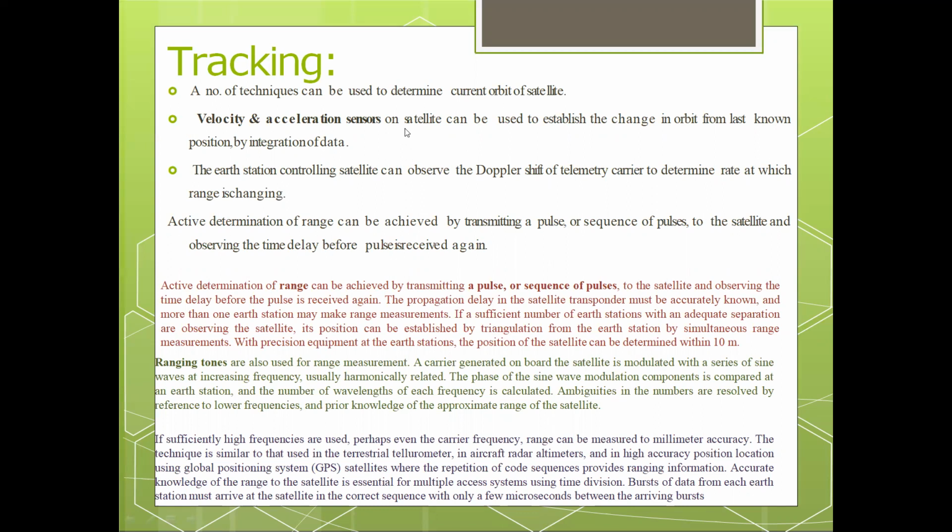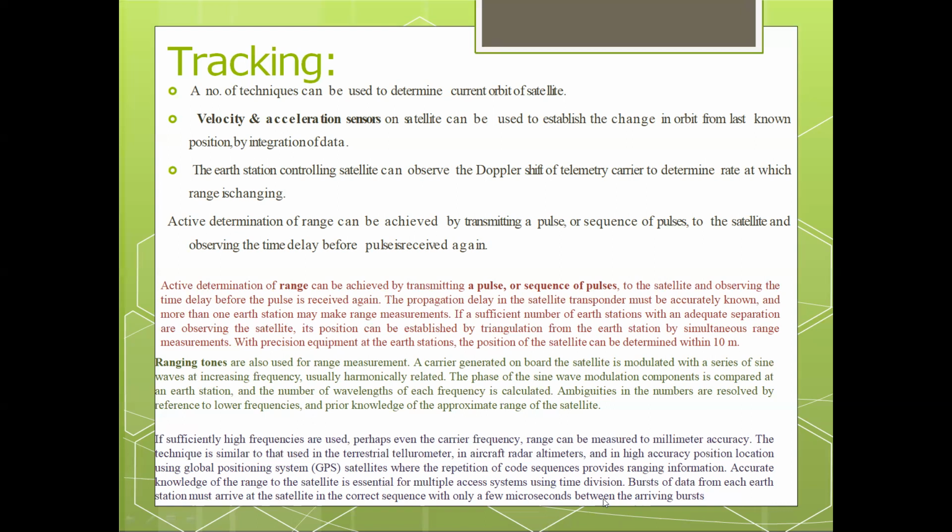For example, suppose the satellite has velocity and acceleration sensors.